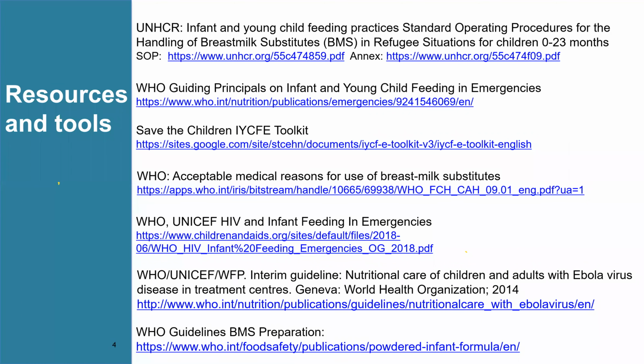When we are working with families who are using BMS, we need to ensure that our staff know how to prepare the formula appropriately, and that we're teaching the families in that one-to-one counseling how to prepare it properly, and that we're going to their house or their shelter to follow up and ensure that they're doing it.